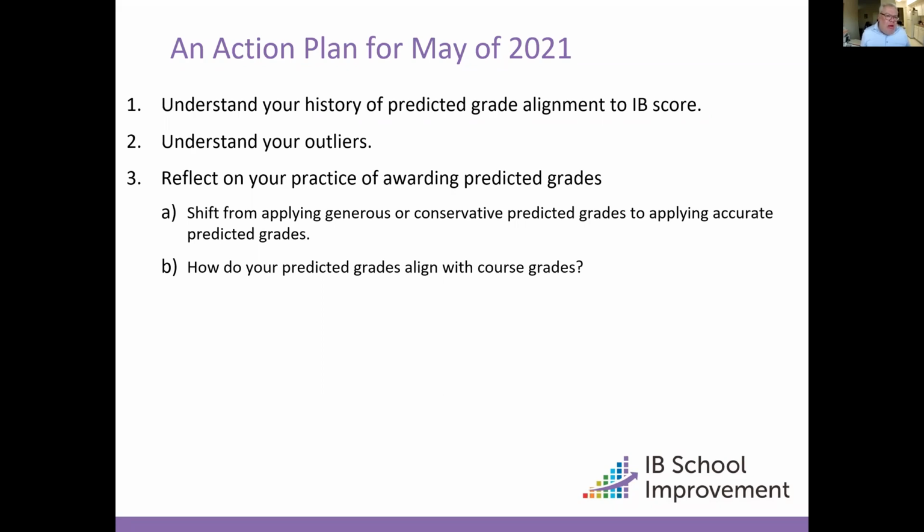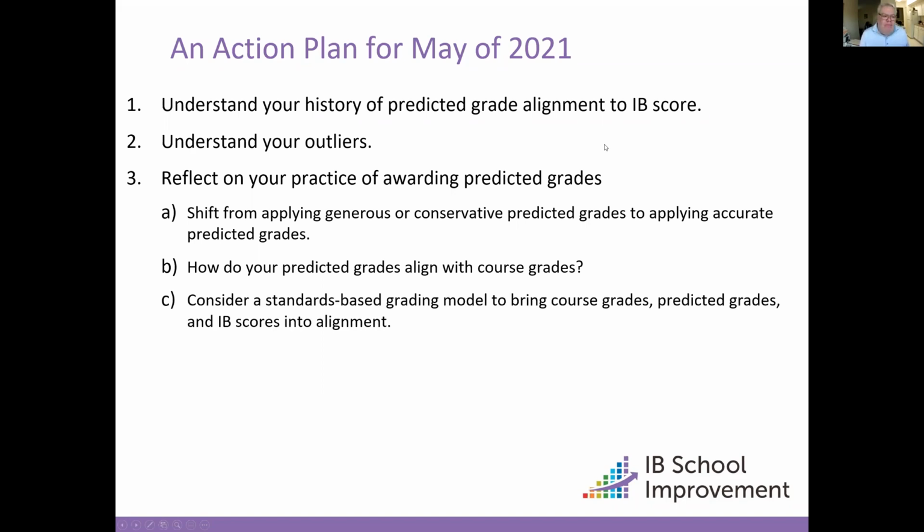In my world, I look at it as a 6 is an A, 5 is a B, a 4 is a C. And that way the predicted grade comes into alignment with course grades, and students can understand where they are and know what they need to do to improve. Finally, you might want to consider a standards-based grading model that brings your course grade and predicted grade into alignment with IB scores.